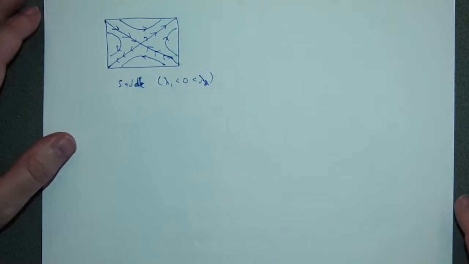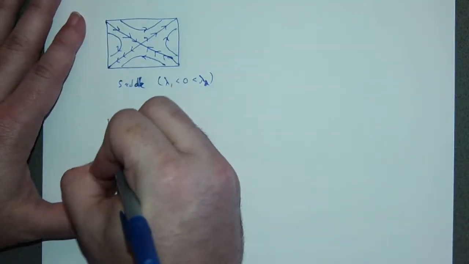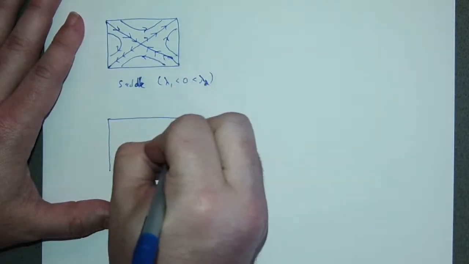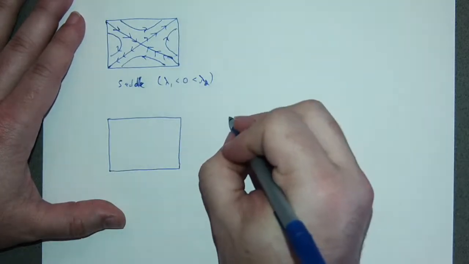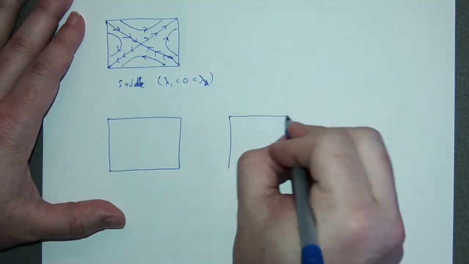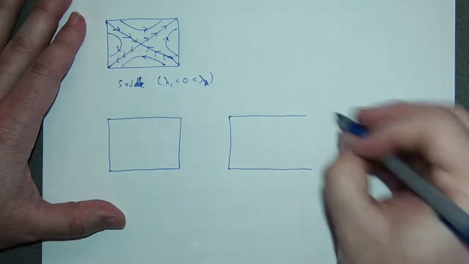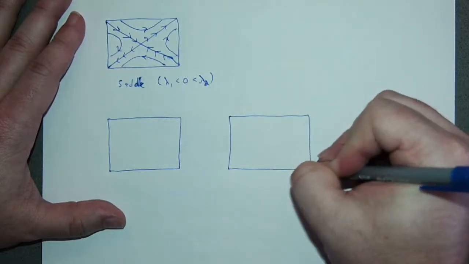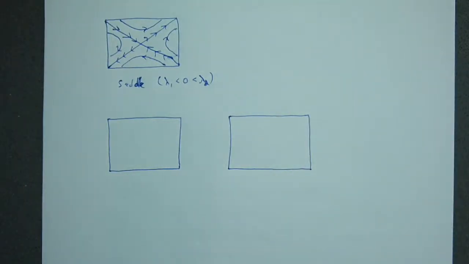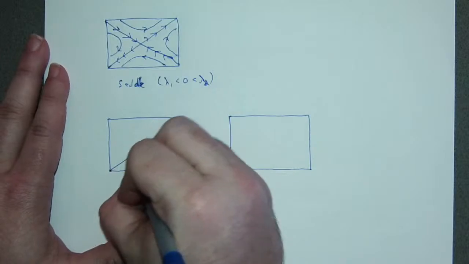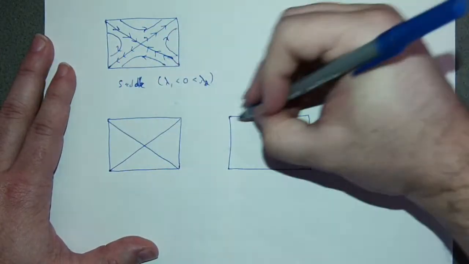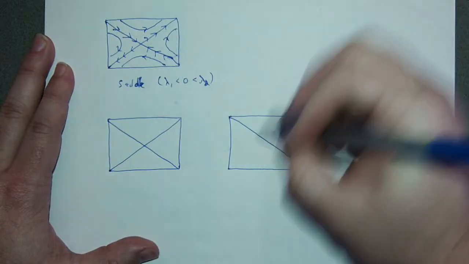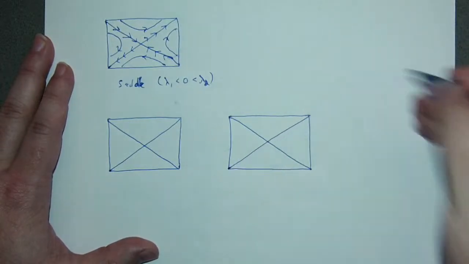All right, what's the next? Actually, the next two look very similar. So I get two lines determined by each eigenvalue. What do I know about these lines?